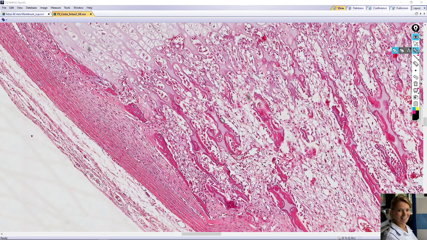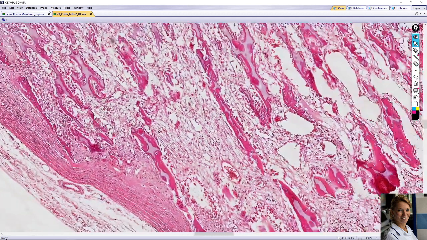So here is a line of osteoblasts, a very thin layer of new bone, eosinophilic, and the core is formed by the calcified cartilage. So here is another bone trabecula, osteoblasts, which line the bone trabecula, pink new bone, and purple calcified cartilage.